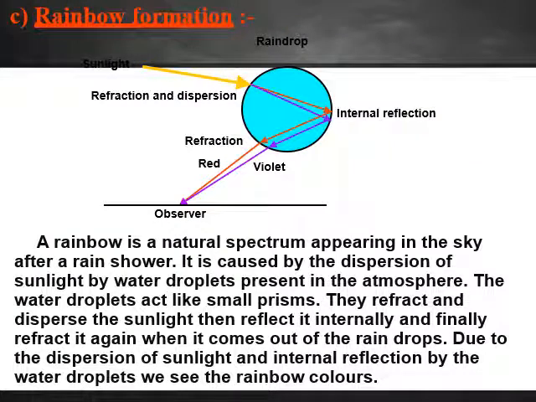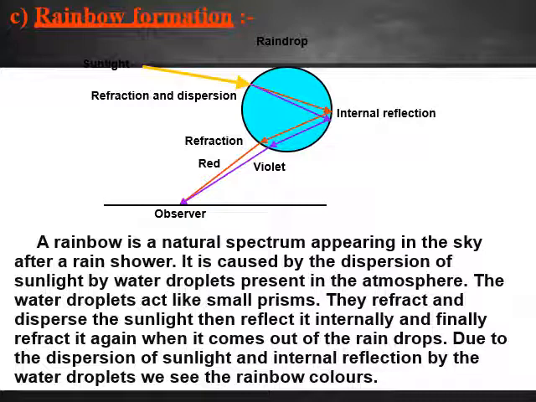Rainbow formation. A rainbow is a natural spectrum appearing in the sky after a rain shower. It is caused by dispersion of sunlight by water droplets present in the atmosphere. The water droplets act as small prisms. They refract and disperse the sunlight, then reflect it internally, and finally refract it again when it comes out of the raindrops.